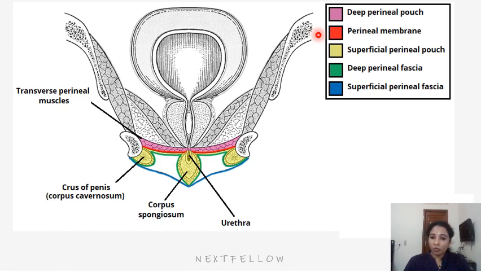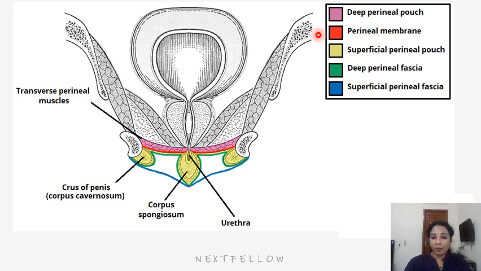The outer layer is called the fatty layer or Camper's layer, and the deep layer is called the membranous layer, or Scarpa's fascia. This membranous layer surrounds the penis, forming a tube-like fascial sheath called Buck's fascia, and it continues into the scrotum, and finally fuses with the perineum and the posterior edge of the perineal membrane.